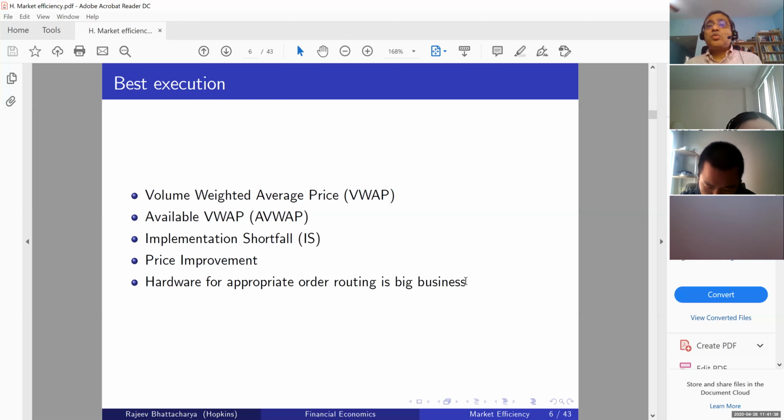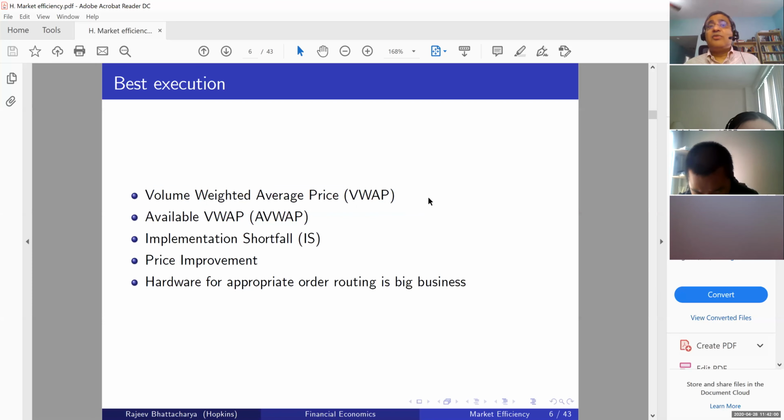There are various measures, and we're not going to get into detail. For those of you who are interested, please contact me. I've spent a lot of time worrying about these things, and I'd be happy to talk to you in more detail. These are various measures of the execution prices afforded to particular securities.